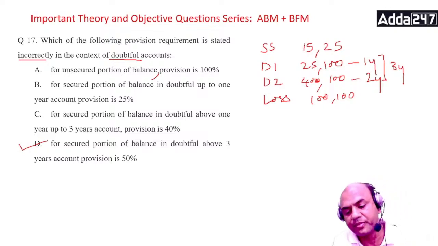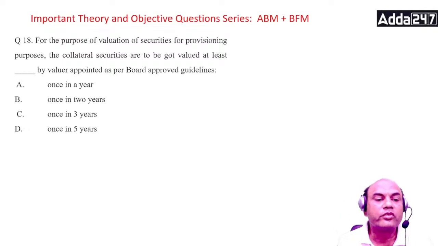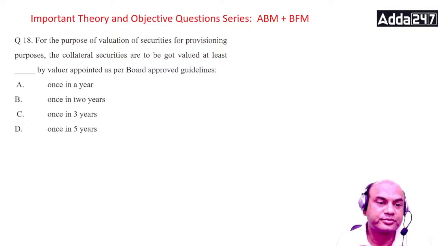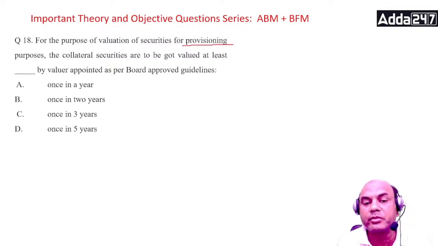Okay. Next one. For the purpose of valuation of securities for provisioning purposes, the collateral securities are to be got valued at least dash by the valuer appointed by the board approved guidelines. What do you mean by provisioning?